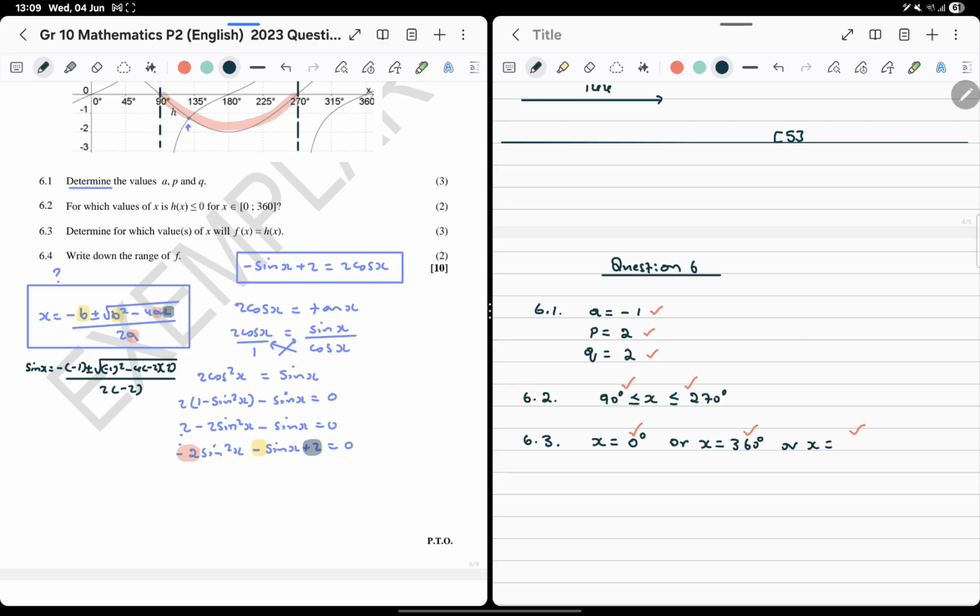Now, let's solve. Sine x is going to be, put it on the calculator, as you can see there, minus into minus 1 plus the square root of minus 1 squared minus 4 into minus 2 into 2, divided by 2 into minus 2.